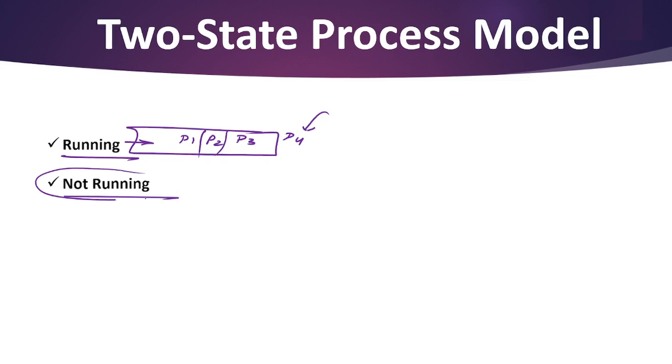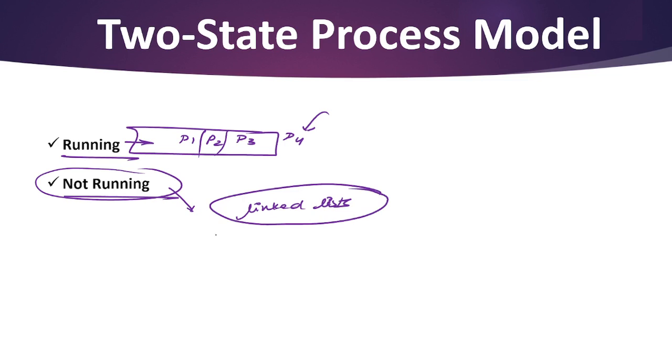Not running state means these processes are stored in a queue until their turn to get executed arrives, and each entry in the queue points to a particular process. The not running queue can be created by using linked lists. We have discussed linked lists in your data structure unit. We have completely done the data structure unit, right?